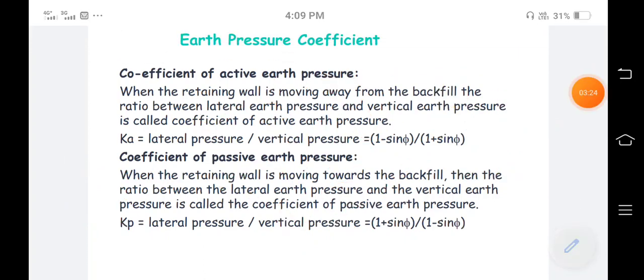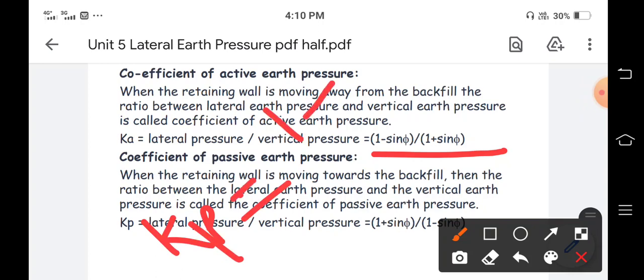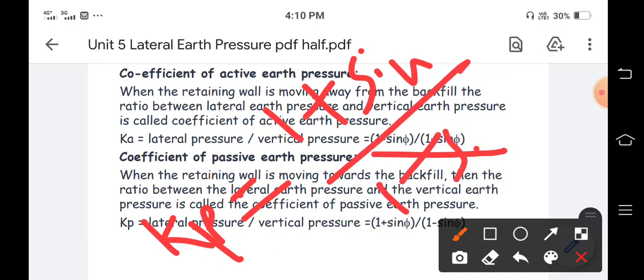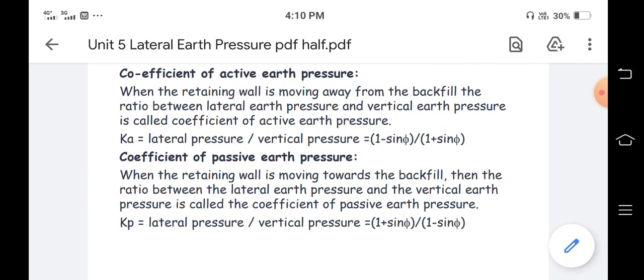Here we are giving a clear formula, where phi means the angle of internal friction. For Kp, the coefficient of passive earth pressure, which is the ratio of lateral earth pressure to vertical pressure, Kp equals 1 plus sine phi upon 1 minus sine phi, or in short, Kp equals 1 upon Ka. Note that Kp is nothing but 1 upon Ka.